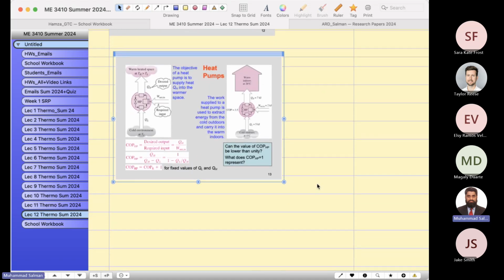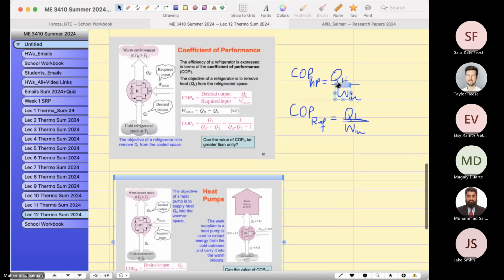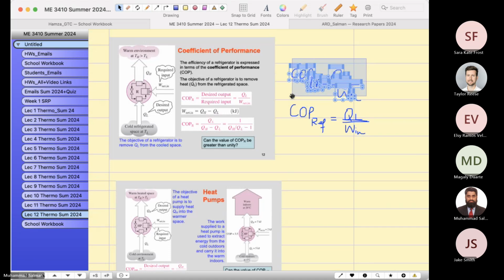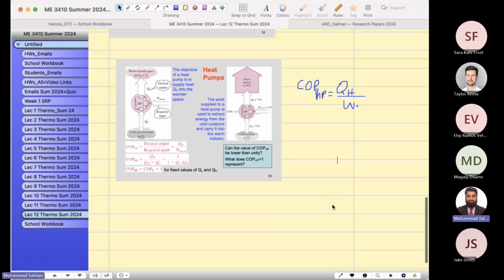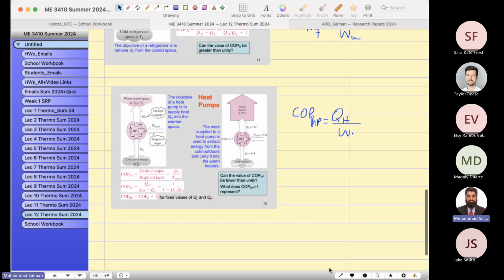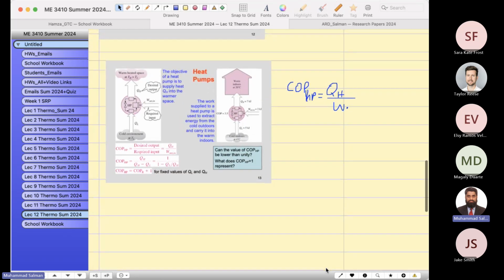And for heat pumps and refrigerators, we call them coefficient of performance because they can be greater than one. Usually the efficiency is less than one. That's why we call this coefficient of performance rather than efficiency.